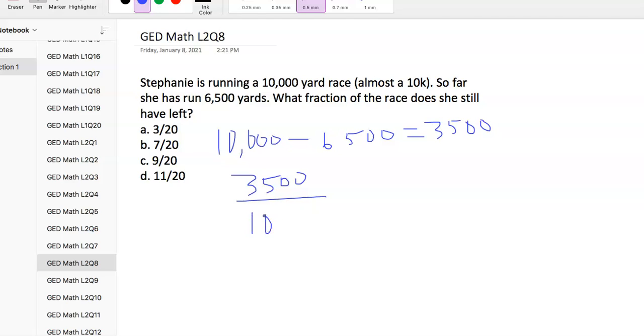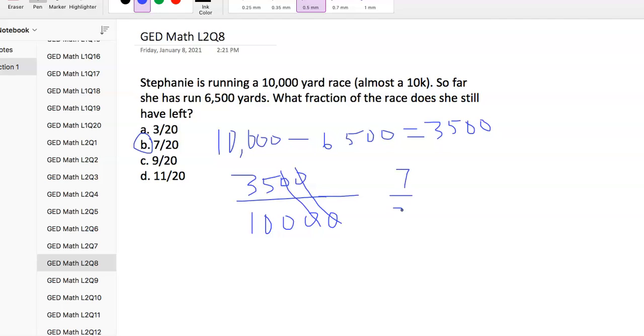So 3,500 divided by 10,000. Then we can cross off some zeros. We'll cross this one off and this one off, and this one off and this one off. Now we have 35 out of 100, or 35%. If we calculate these out, we can find that 7 out of 20 equals 35%.